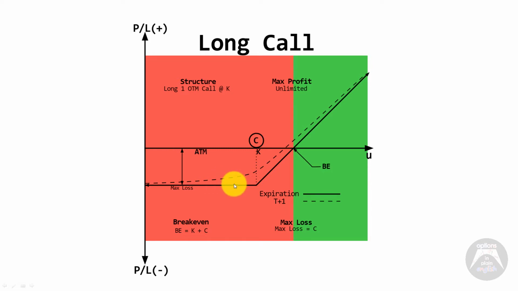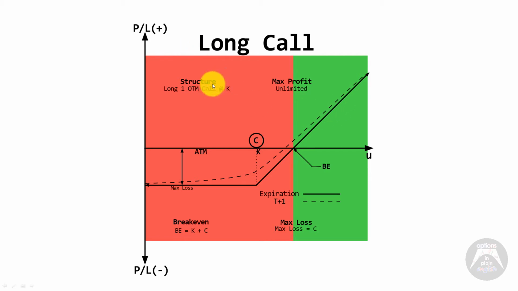You can see that if the price of the underlying ends up at expiration being at this point, then the P&L for that strategy would be over here. So it's a very easy, at a glance way to see what a strategy does and how we can use it.